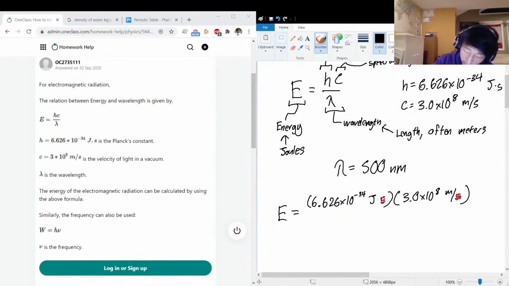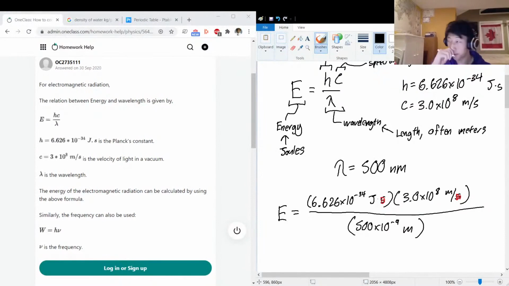And this whole thing is divided by 500 times 10 to the negative 9 meters. The nano in nanometers, you can convert into a multiplication of 10 to the power of negative 9. I would strongly recommend that you do that every time you get a more complicated unit, like a compound unit or a unit with a prefix.